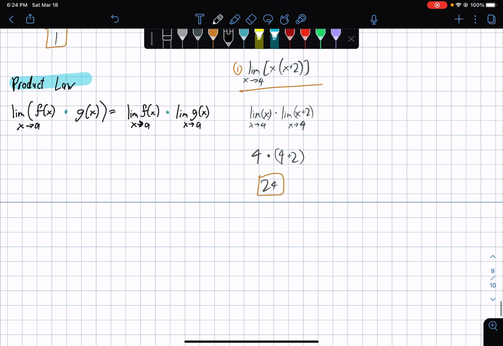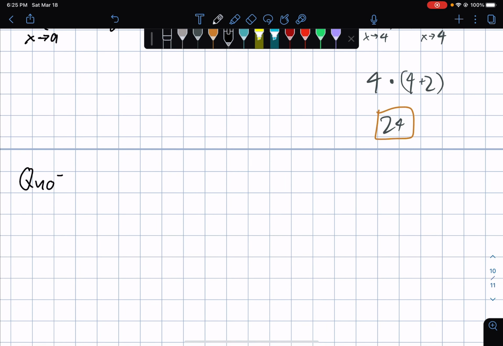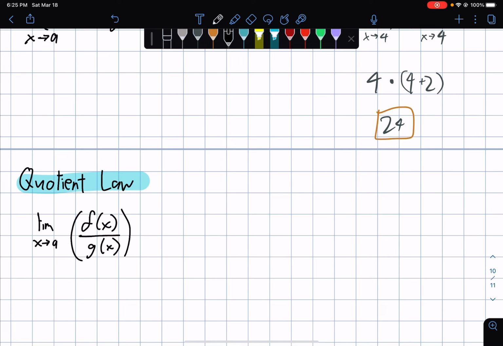Let's move to quotient law. The concept is still the same. You apply distributive property, but this time, of course, it's a quotient. It's going to look like a fraction, something like this.